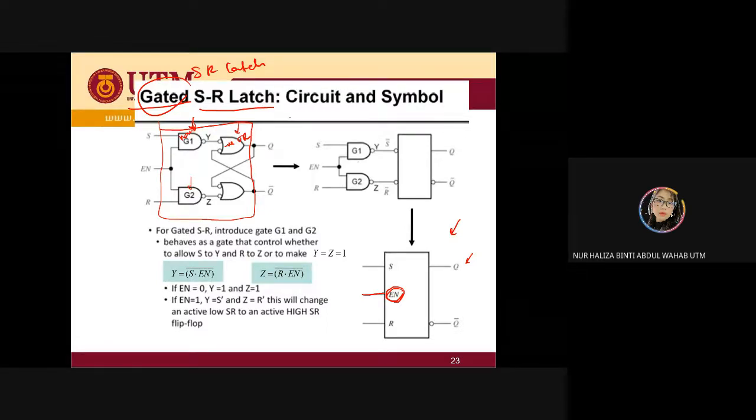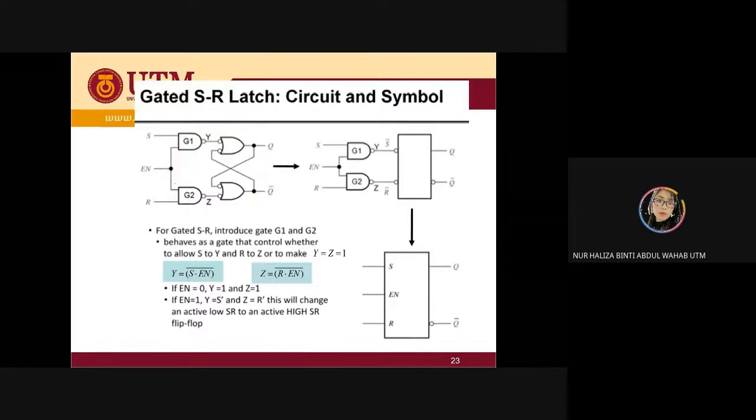If you can see, it's basically similar to your active low SR latch.